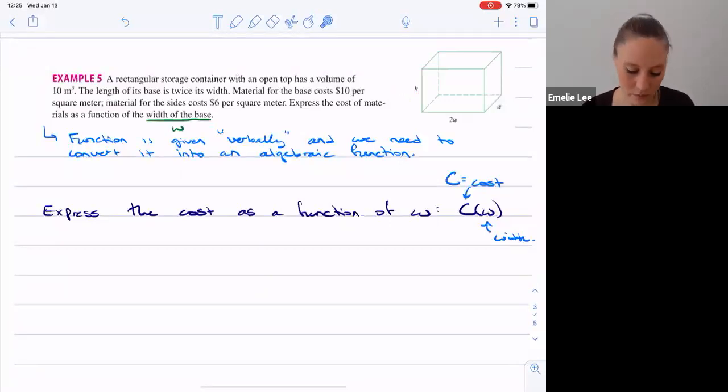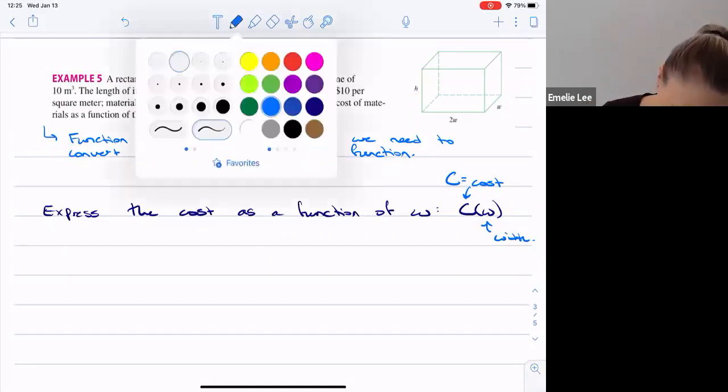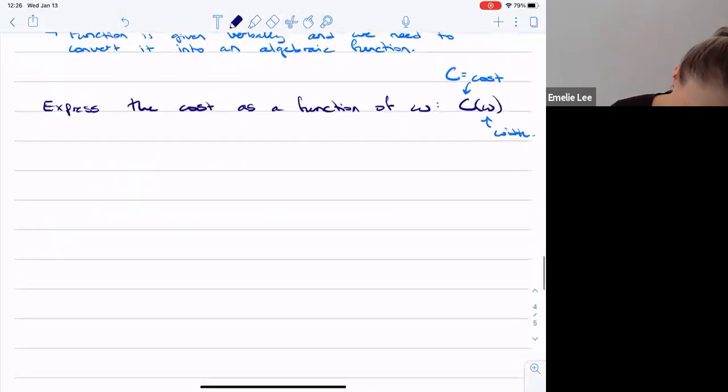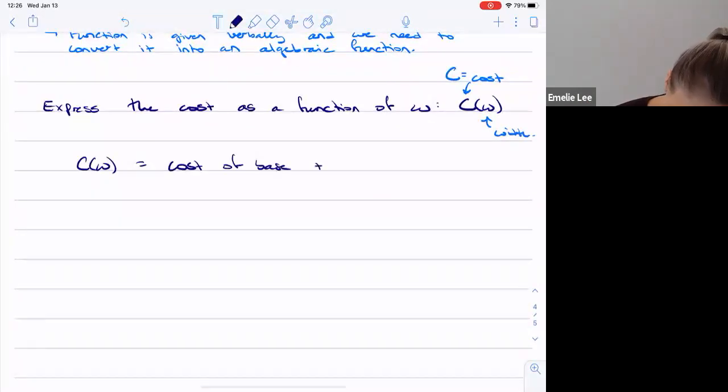Right? So here we go. So let's start with the base, and then for the cost of the materials, we can just add the cost of the base plus the cost of the sides, right? And so C of W we can write as the cost of the base plus the cost of the sides.